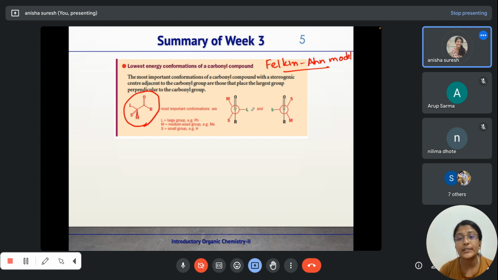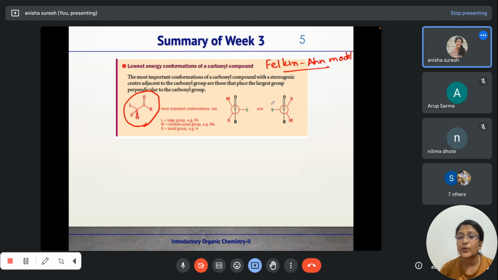So this will be one conformation that is favored, with the largest group perpendicular to the carbonyl, and the smallest group and medium sized group in this fashion. And the other conformation results from rotation of the back carbons, so we are rotating it in this fashion.